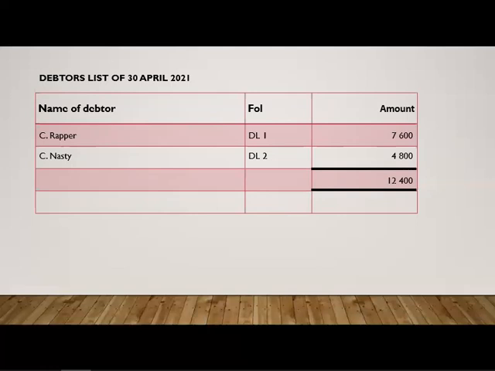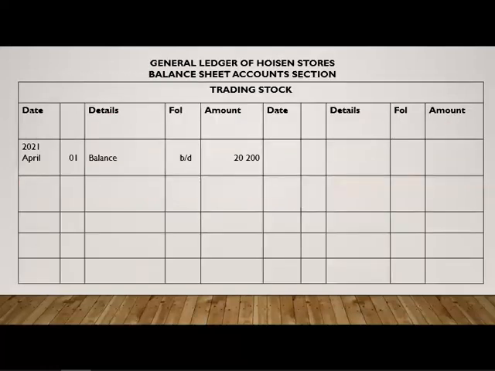Okay. Since I'm done with my debtors journal, I will simply go straight to my general ledger. In my general ledger, I have trading stock. Trading stock account will go up on the debit side whenever we as the business buy goods, but it will go down when we sell goods. In this case, we sold goods for cash and on credit. I will start with my credit sales.